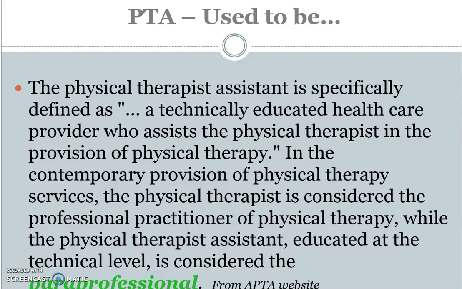A paraprofessional is considered to be someone who's not necessarily licensed and may not even necessarily have gone through an accredited program. But they're trained and they're qualified to do a professional examination to allow them to work this way. As of today, all states in the United States require licensing for PTAs.